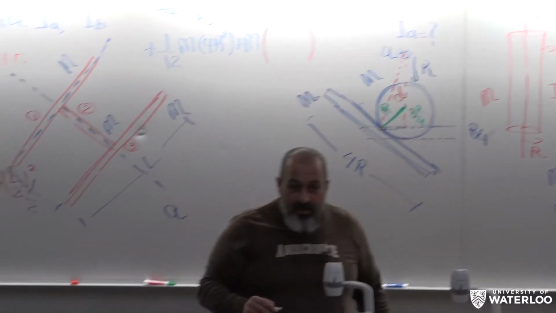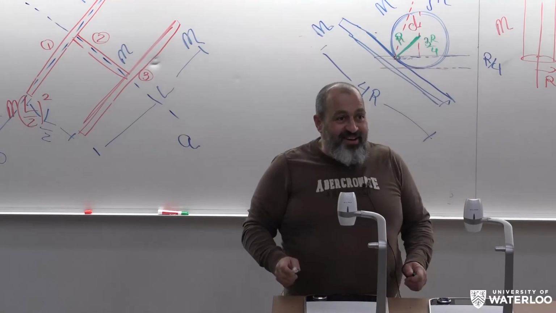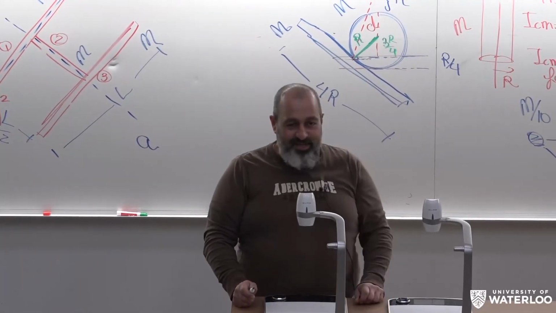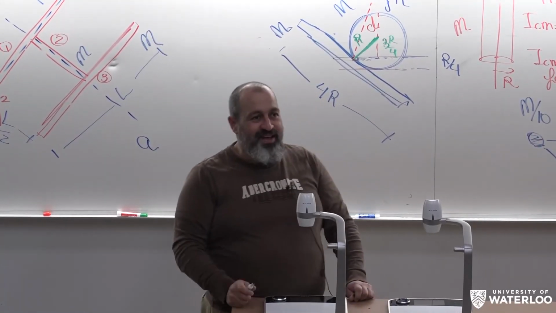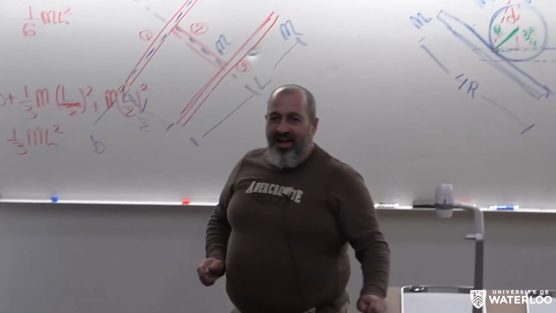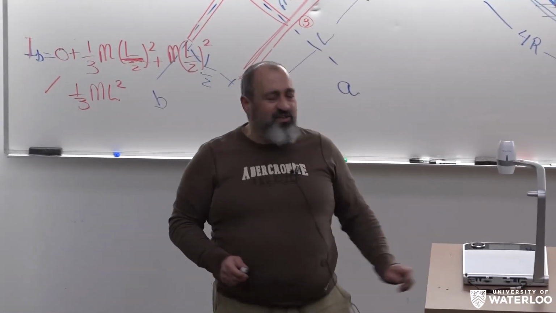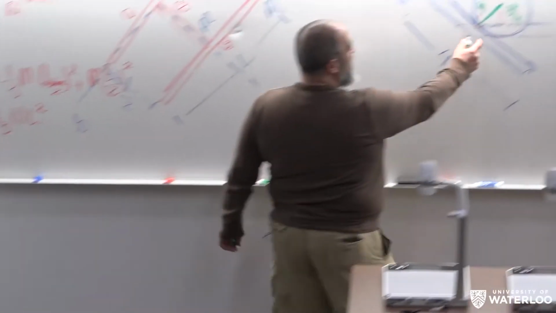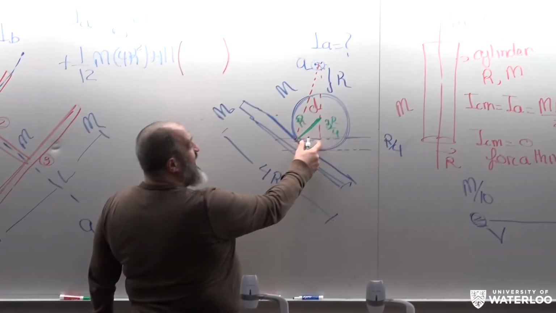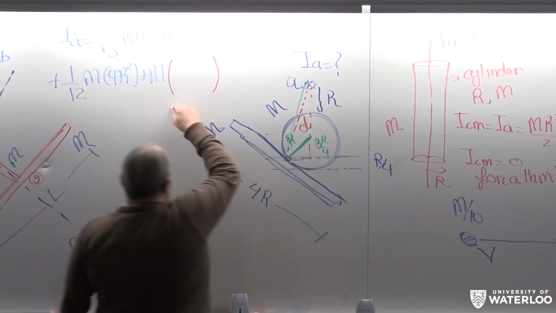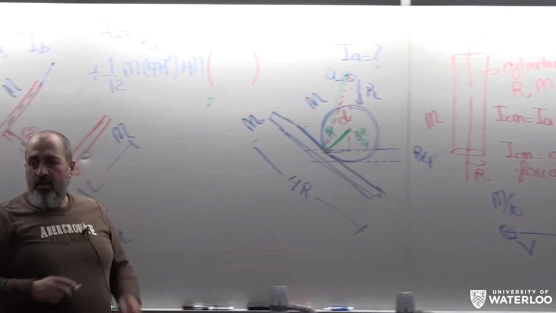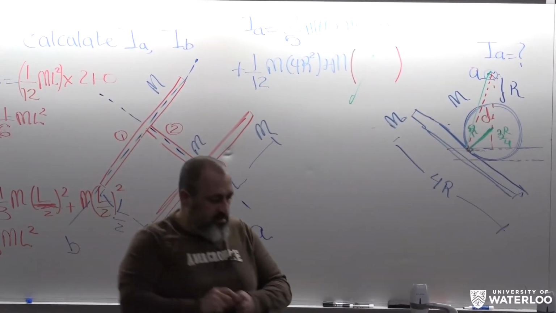What do you do? Pythagoras, the way it's supposed to be. So you use Pythagoras to find this guy, and then you use Pythagoras again to find this guy and check. You're done. You will do that at home.